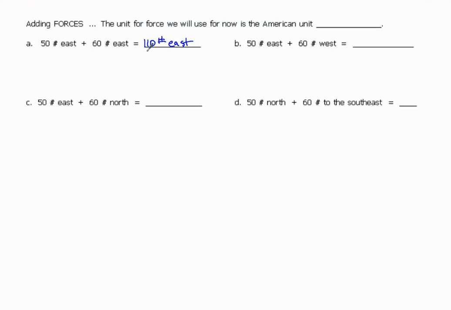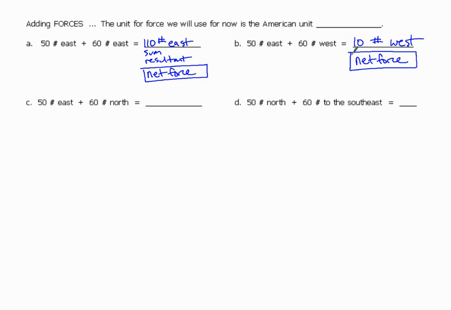It was the sum or the resultant, which we also probably wrote down. And this is the net force. So we can add that in. It's the net force. Part B was 10 pounds west. This was the net force, because these were unbalanced.